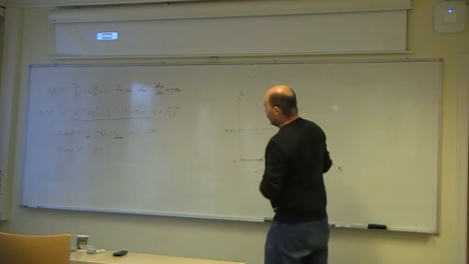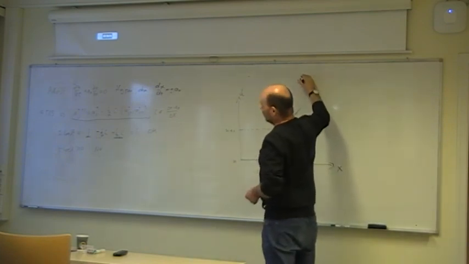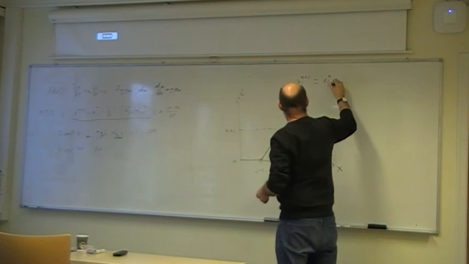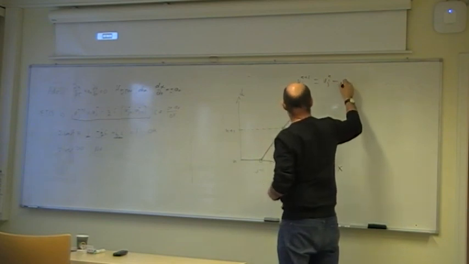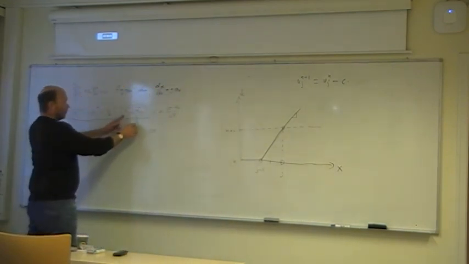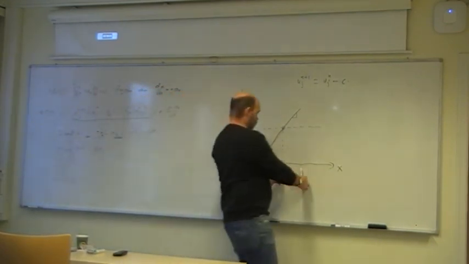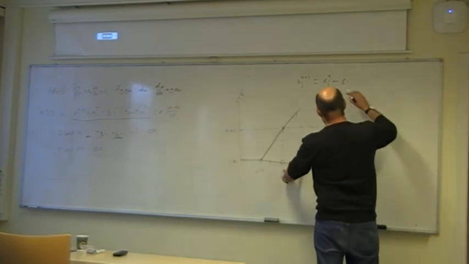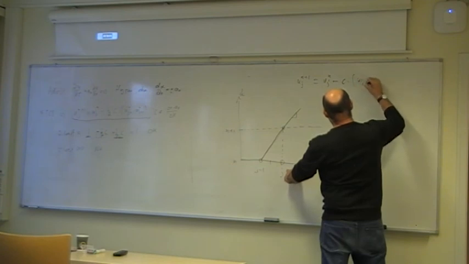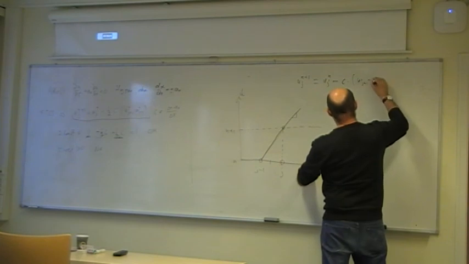You will get something like u_j^(n+1) equals u_j^n, and then you will have minus, and then comes the C, and then we make a derivative, which now will be the difference between these 2 points. So that will then be u_(j+1) minus u_j, at n.